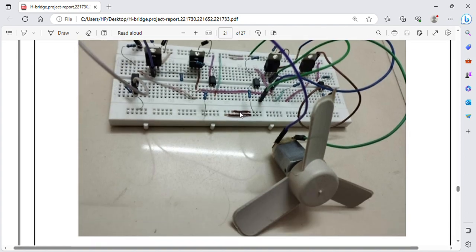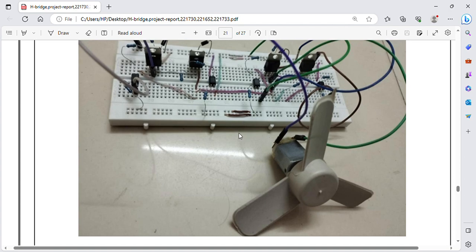We are also going to upload another video in which we compile all the working videos of our PCB and also our breadboard, and also explain some more things in that video.